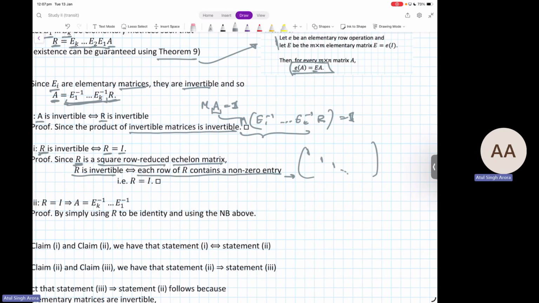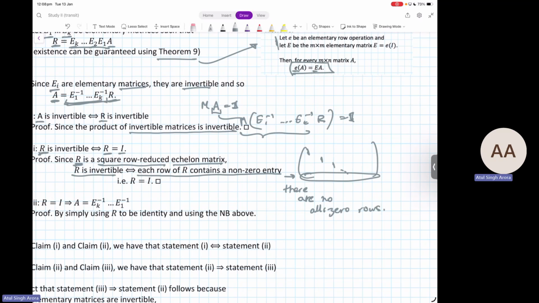And if it has any zero rows, then obviously it cannot be inverted, because if you have zeros, you can never multiply it with anything to give you an identity. So that cannot happen.